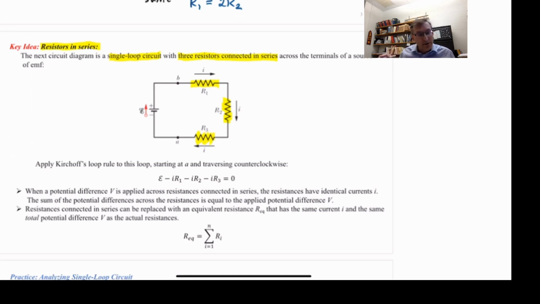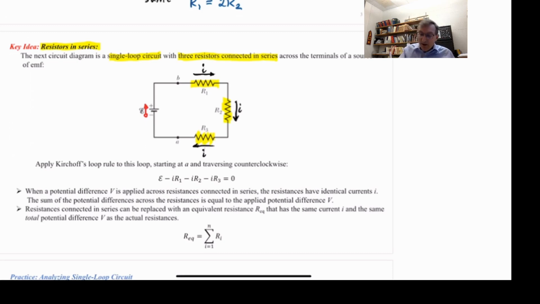R1, then R2, then R3. Series. Serial means one after the other. And then there's a source of EMF, a battery. Like so. I now have a closed loop, so I will have conventional current I flowing clockwise around this loop, and it's the same I everywhere.